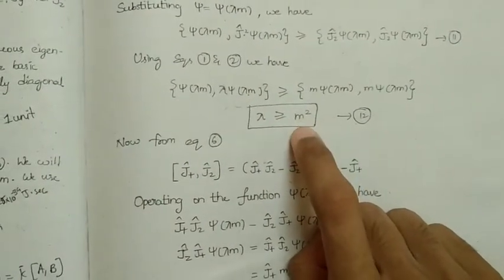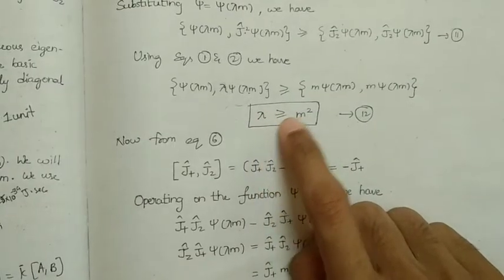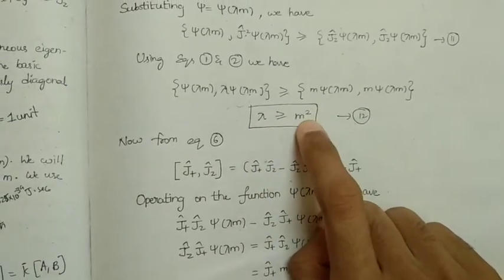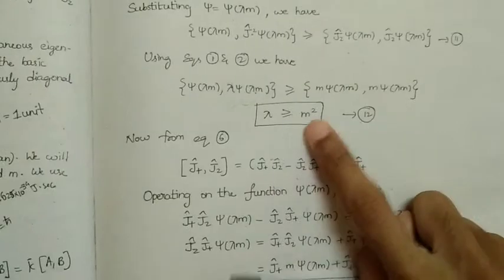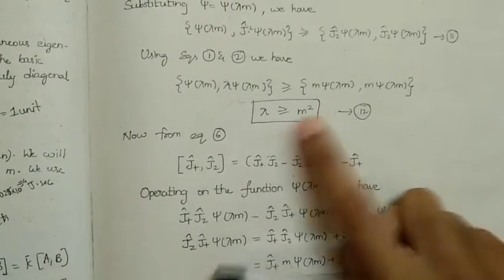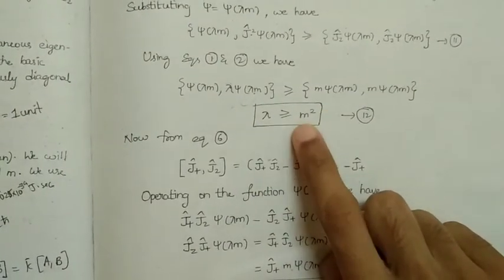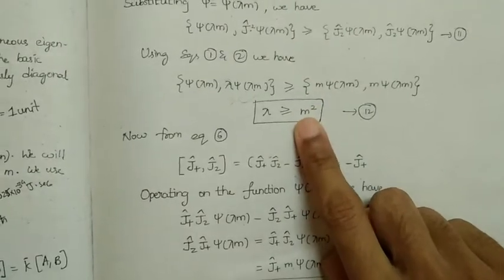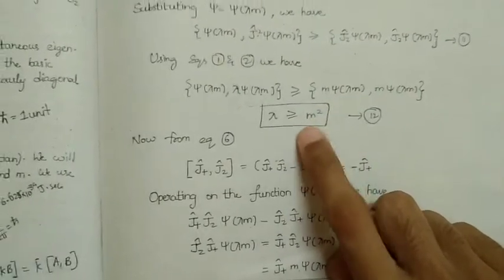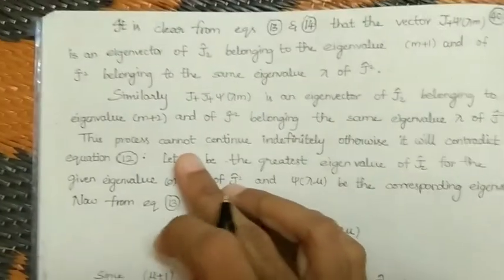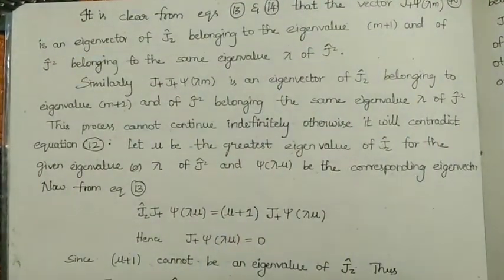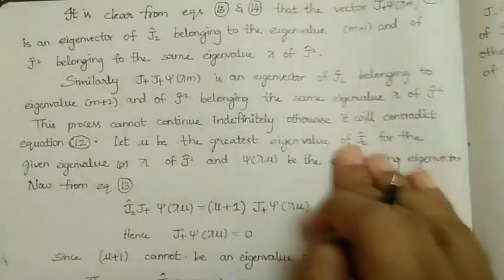If we take m value 3, 9 is equal to 9. If we keep on increasing the m value, now 4, 9 cannot be considered greater than or equal to 16. So at a certain stage this must end. That is what they are saying. So this process cannot continue indefinitely, otherwise it will contradict equation 12.